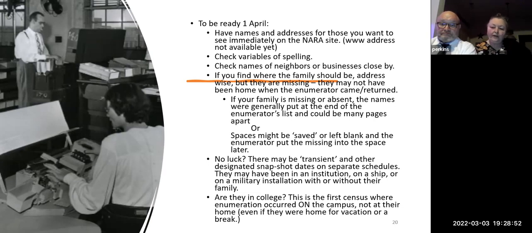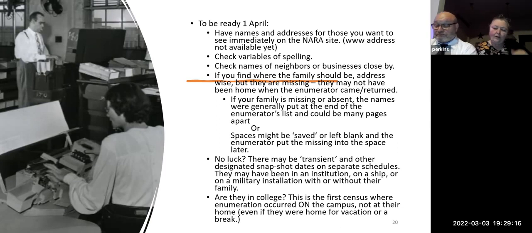So your enumerator may have stopped at the next house and got their information and said, hey, the Colberts aren't home next door. Do you happen to know where they are? Well, that was who farm sat for us when we went out of town. So they'd say, yeah, they're there, but they're not home today. We're farm sitting for them. They'll be home next week.